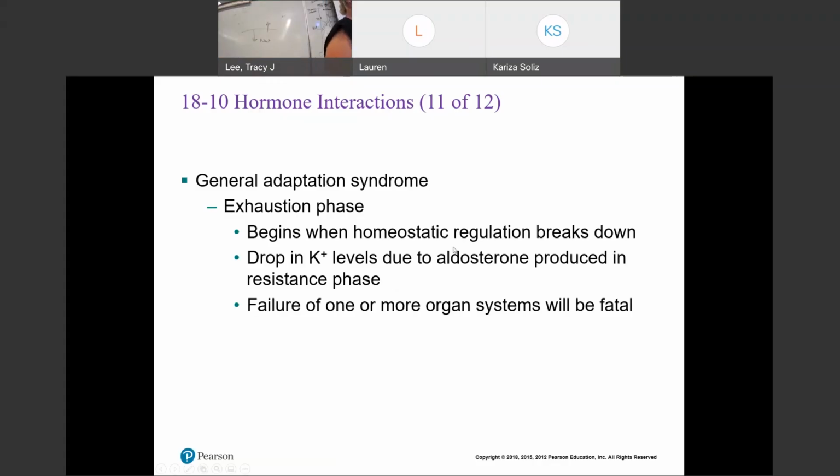So in the exhaustion phase, we have held on to sodium using aldosterone, so we are excreting potassium. We'll begin to see a drop of potassium levels, and we're going to begin to see multi-system organ failure. Oftentimes these are a little more severe than that, but not to say that mental stresses can't be that severe.